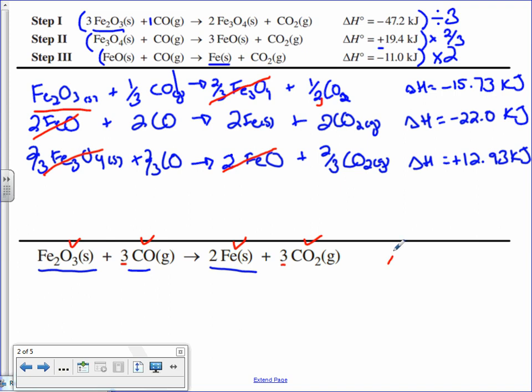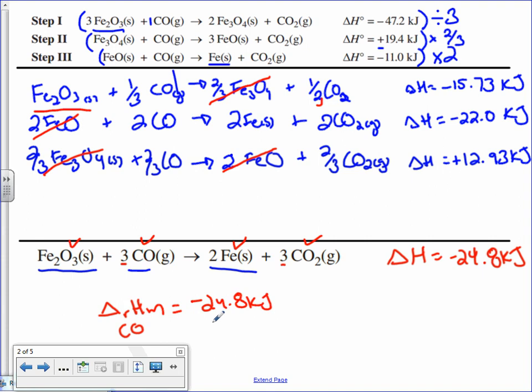Now all we have to do is total up these delta H values. So negative 15.73 plus negative 22 plus positive 12.93 is going to give me negative 24.8 kilojoules. If it asks me to find the molar enthalpy of one of my reactants, like let's say it asks for the molar enthalpy of carbon monoxide, then I would take the enthalpy of my reaction, negative 24.8 kilojoules, and I would divide that by the number of moles in the reaction.